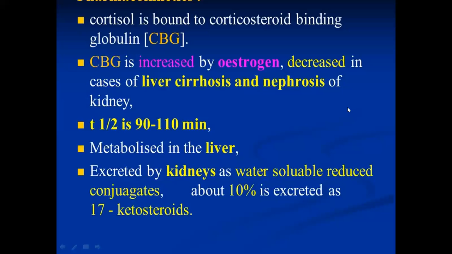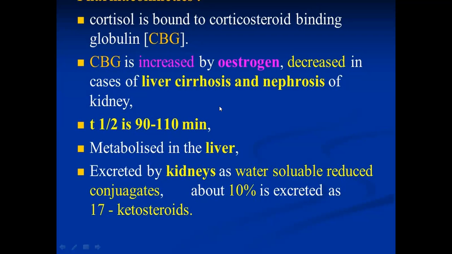Okay, then the next point is pharmacokinetics. About pharmacokinetics, all the natural and synthetic corticosteroids, those naturally present in our body and also synthetically prepared corticosteroids, are better absorbed orally.